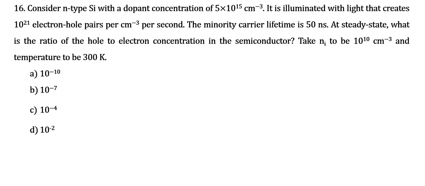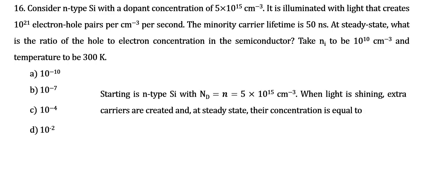So basically they are telling initially we have an n-type material. It has Nd is equal to n is equal to 5 into 10 power 15. When light is shining, in addition to this 5 into 10 power 15, more carriers will be created. And for these more carriers, they have given 10 power 21 electron hole pairs per centimeter cube per second. And minority carrier lifetime is 50 nanoseconds. So since this is per second, we have to multiply it with the lifetime.